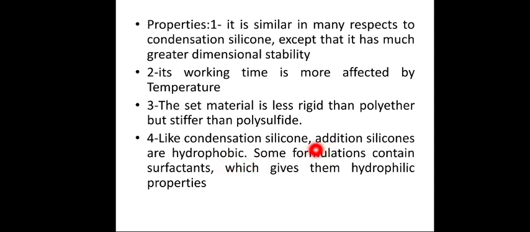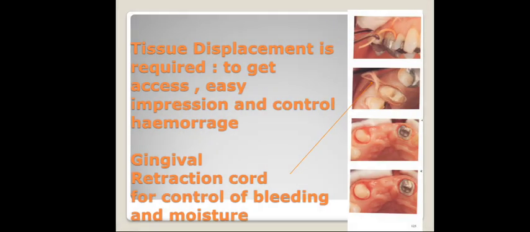Addition silicone also is hydrophobic, so when it is poured with gypsum material, it must be sprayed with a surfactant of hydrophilic material. These were the main impression materials and their properties, advantages and disadvantages.